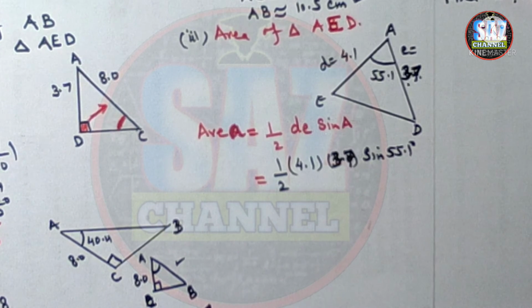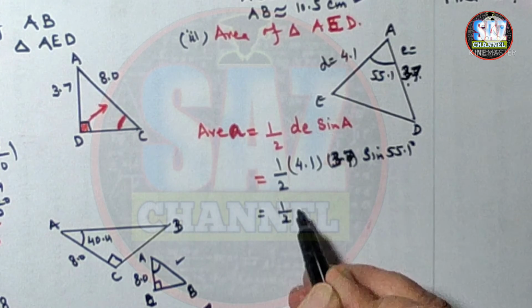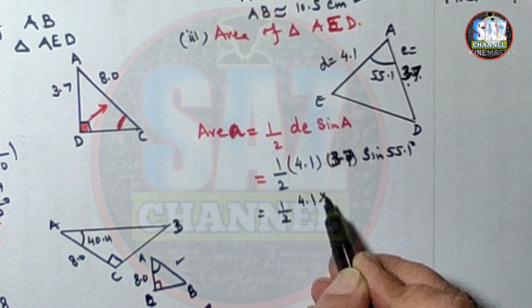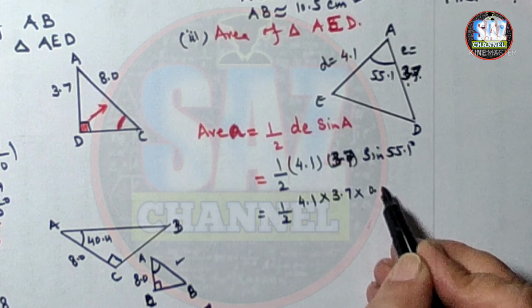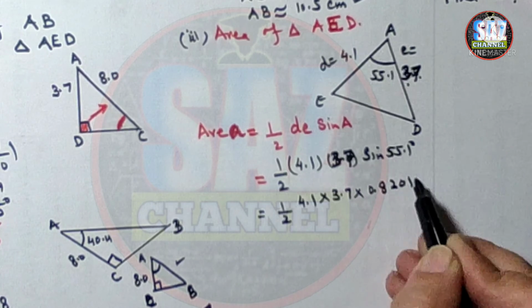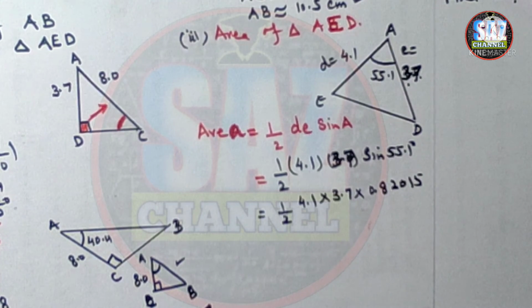Sine 55.1 degrees is 0.82015. Half of 4.1 multiplied by 3.7 multiplied by 0.82015.